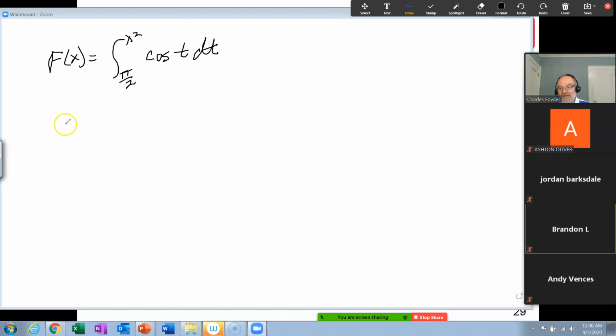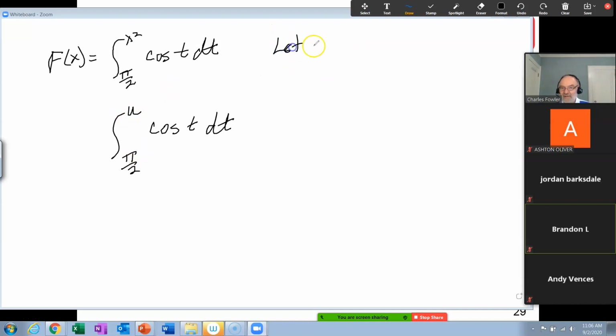Now, if we change this to the integral from pi halves to u of cosine of t dt, that would be a different story. So let's make that assumption.